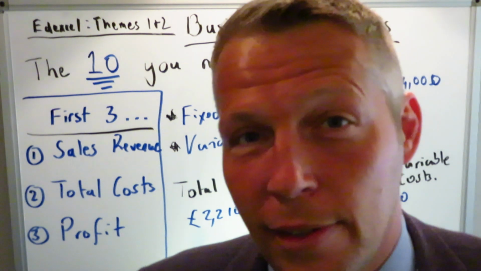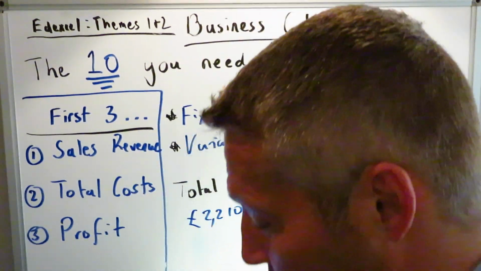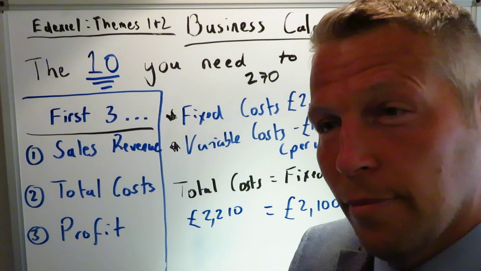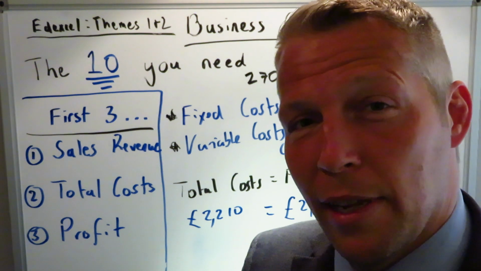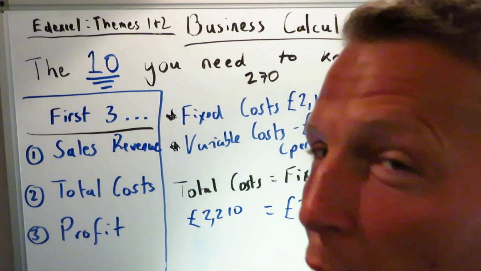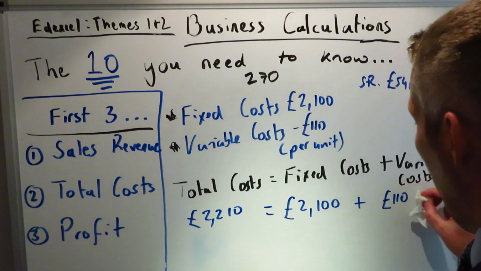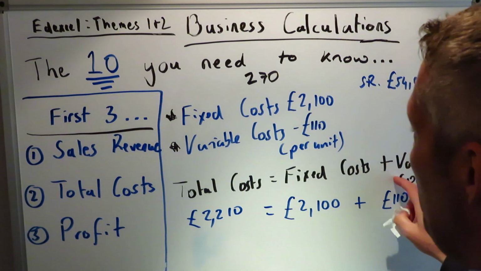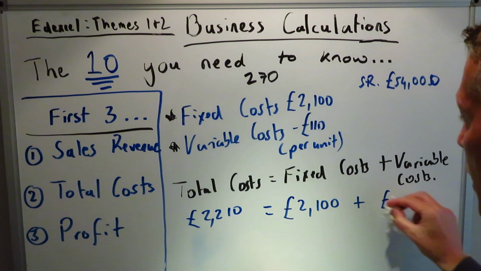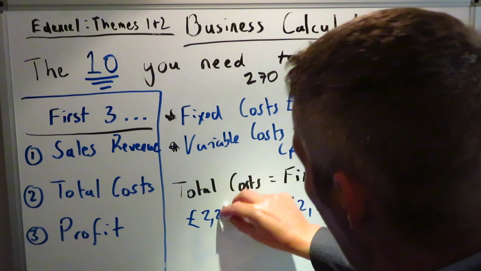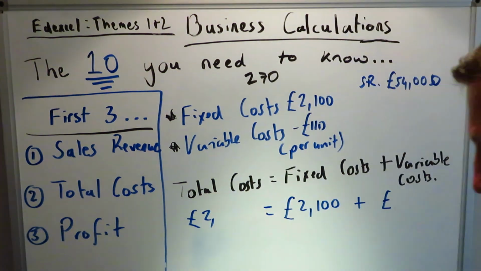I'll give you 10 seconds to think about it. It's a long time to have 10 seconds when you're actually doing this, so we'll stop there. But you can quite simply see variable costs change with the level of output. So I'm going to change this now. Change the answer there.